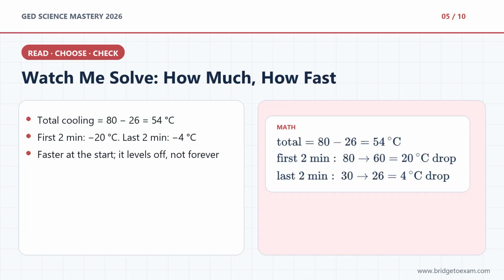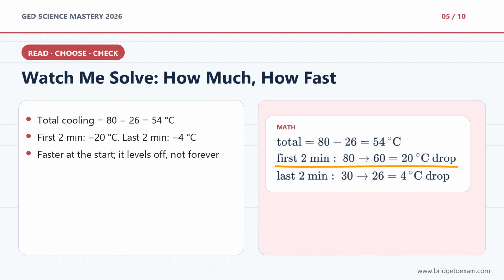Let's answer a real question with our method. The question, how much did the water cool in total, and is it cooling faster at the start or the end? Read. It starts at 80 degrees and ends at 26 degrees. Choose. Total cooling is 80 minus 26, which is 54 degrees. Now, the rate. In the first 2 minutes, it dropped from 80 to 60.